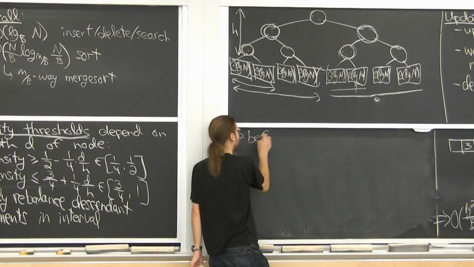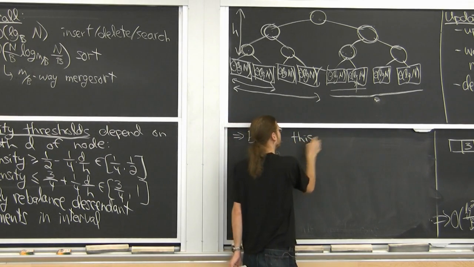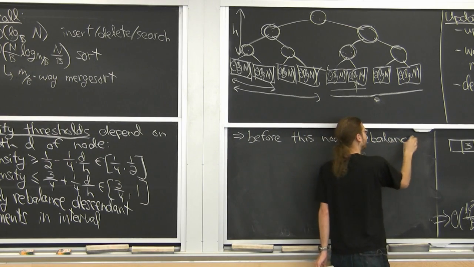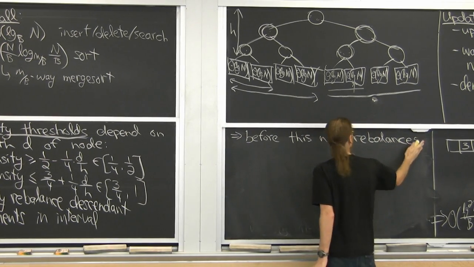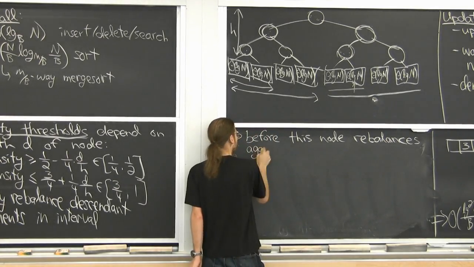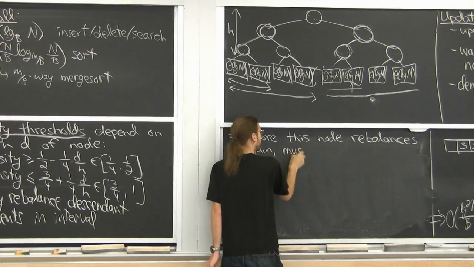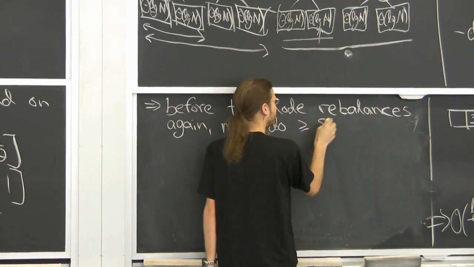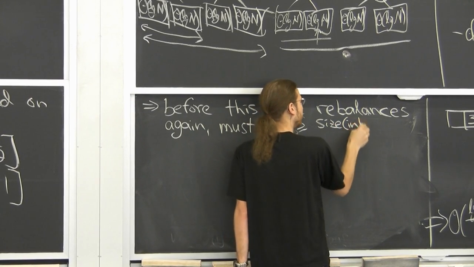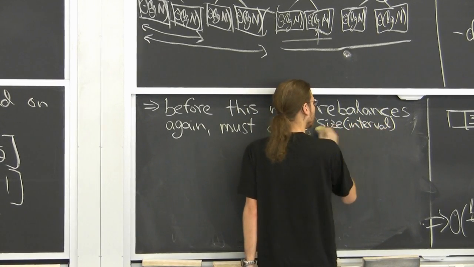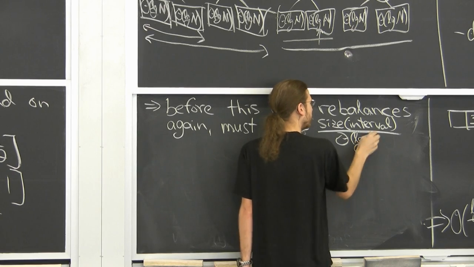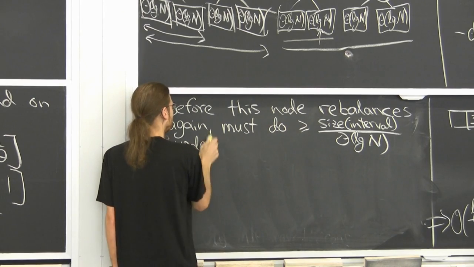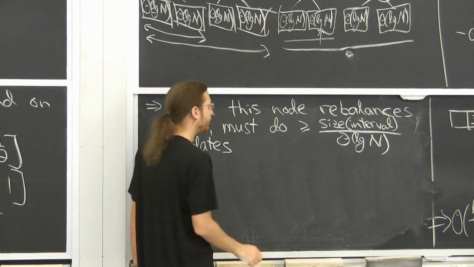So before this node rebalances again, one of its children must get out of balance. And so you must have done at least size of the interval divided by theta log n updates for one of the children to become out of balance again.